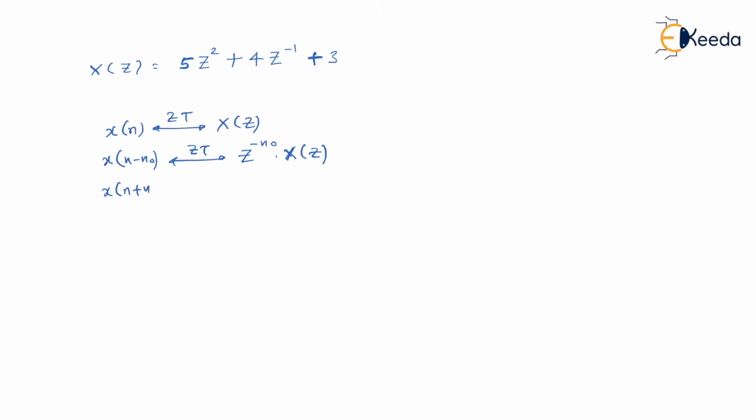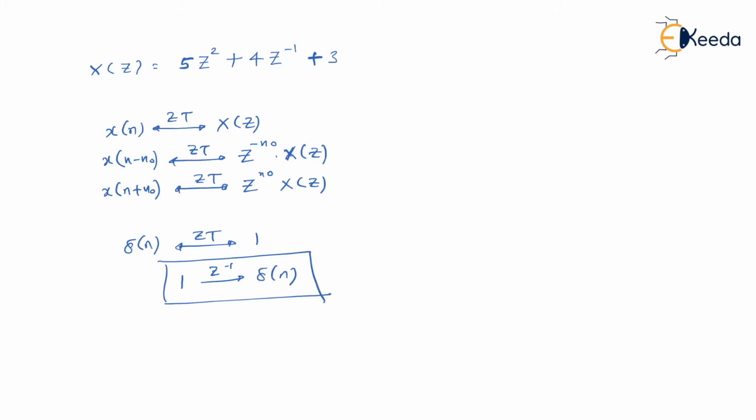Similarly, x of n plus n naught will have z transform as z to the power positive n naught times x of z. So referring to this, we should know that del of n has z transform as 1, or I can say that 1 has inverse z transform as del of n. So we should remember this.